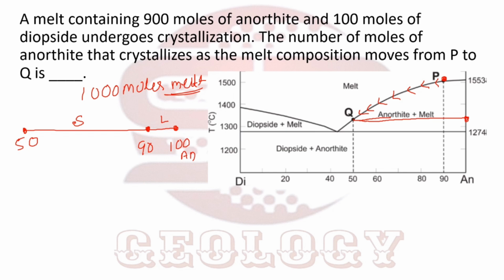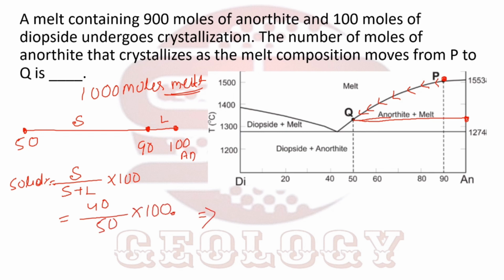So the solid percentage is solid divided by solid plus liquid, times 100. The value of solid is 40 divided by 50 times 100, so it will be 80%.